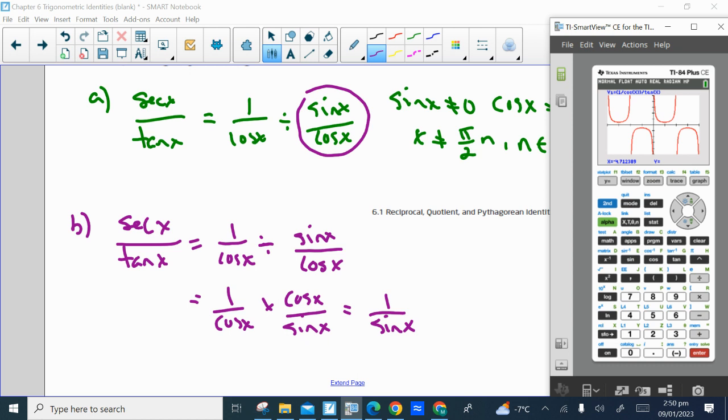We didn't have to change the two equations because right now I'm on the first equation, which was secant over tan. Had I gone down to the second equation and checked some of these, starting with negative 3 pi on 2, the y value is there. Negative 3 pi on 2 is a restriction on the original equation, not the simplified one.